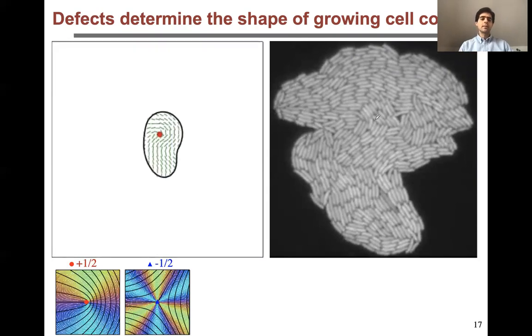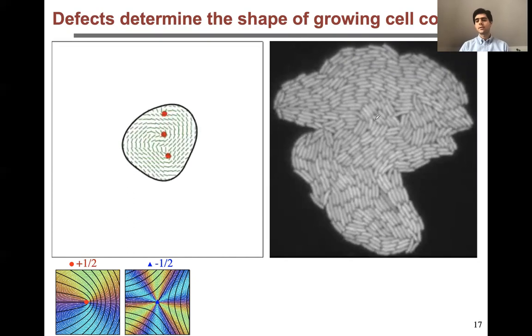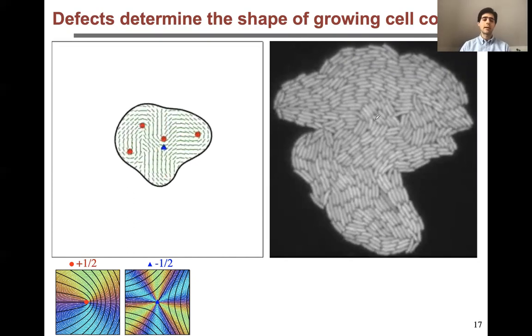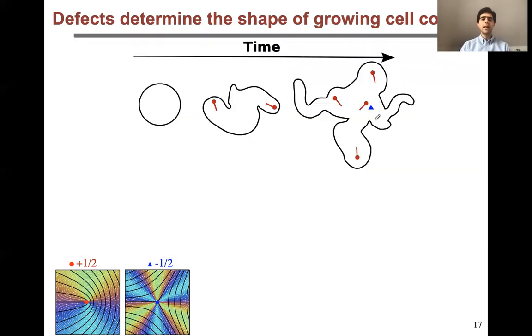So at this point then, we had the idea that this defect motion basically mediates the morphology of the growing colony, as you can see here. And one thing that, for example, we checked was that by increasing the friction, you increase the number of topological defects.